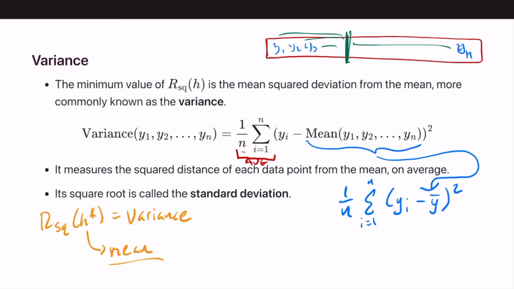Of course, if you use another H that's not the mean, you're not going to get the variance. You're going to get something slightly off. But if you use the mean, which we've shown is the H star for the constant model with mean squared error, then that gets you back the variance.